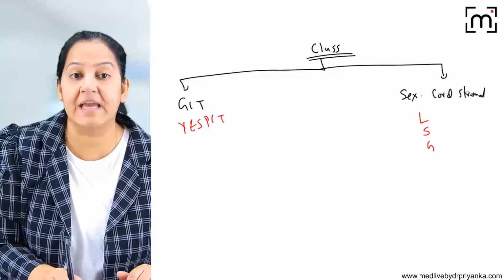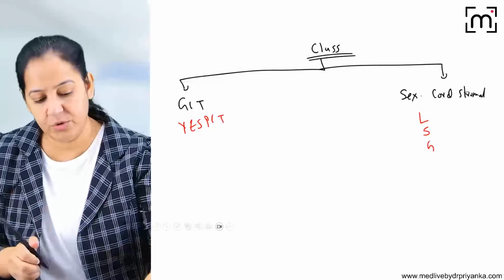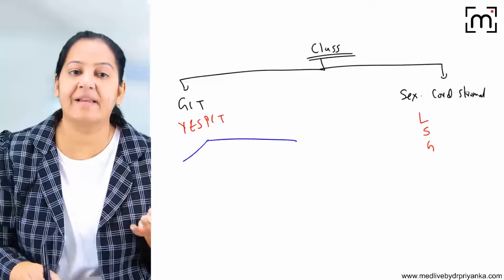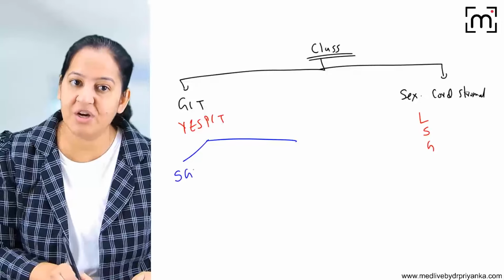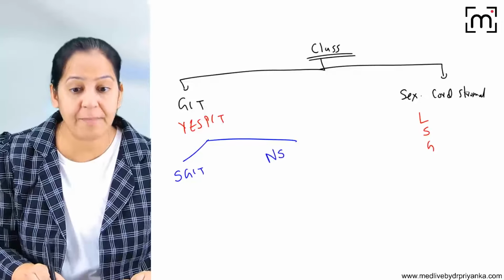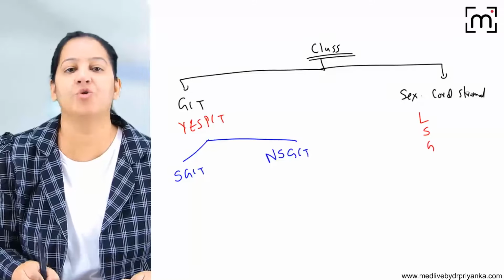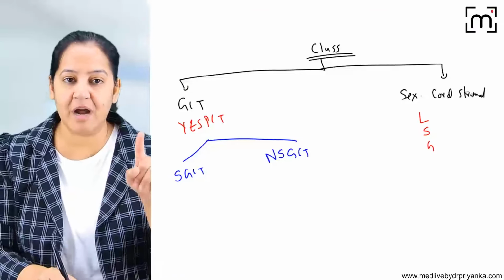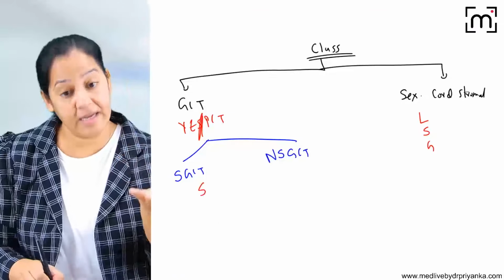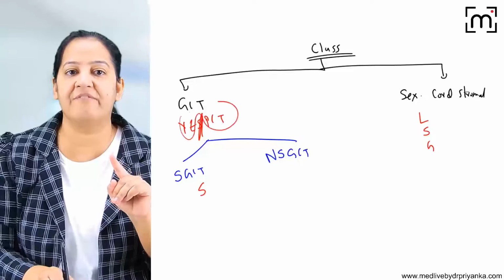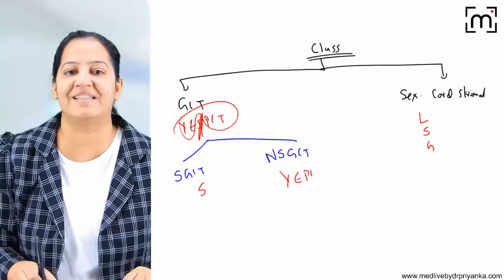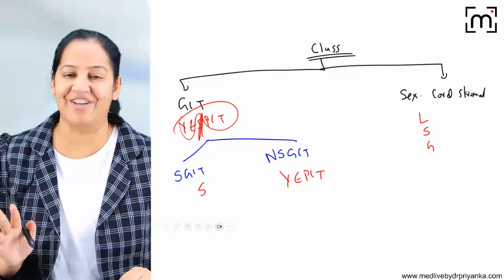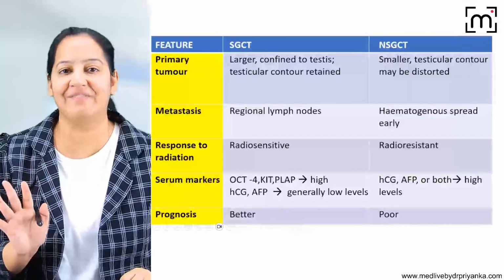YES, PCT. We further divide them into 2 categories clinically. Clinically, we divide them into seminomatous germ cell tumor and non-seminomatous germ cell tumor. In seminomatous germ cell tumor, among the 6, seminoma is coming. In non-seminomatous germ cell tumor, the remaining 5 are coming. That is YEPCT. So this is the final classification. So pathologically and clinically, we have divided them.